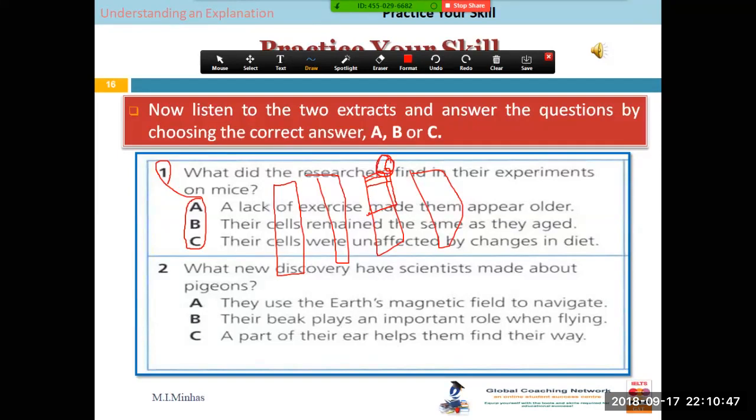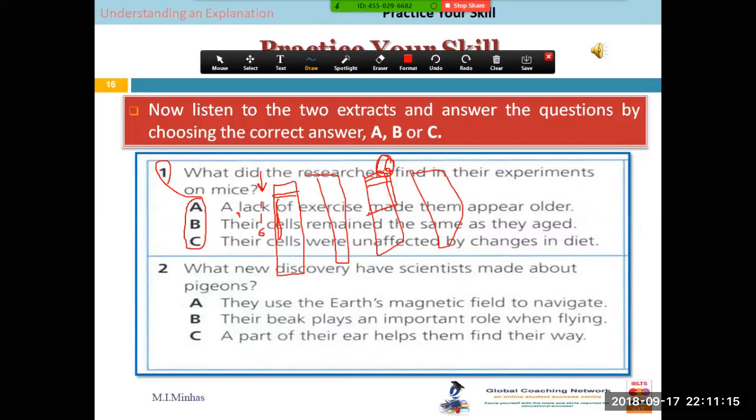But let's say it was your bad day, so 6 questions are waiting for you. As soon as they play section 1, they will give you a solved example first, and then some time to look at question number 1 to 6, or 1 to 5 or 1 to 7, whatever. They will give you 30 seconds to look at questions 1 to 6. Just have a look at these questions.